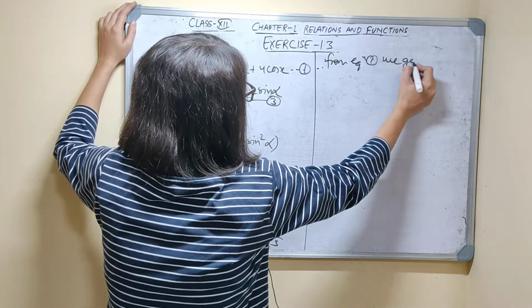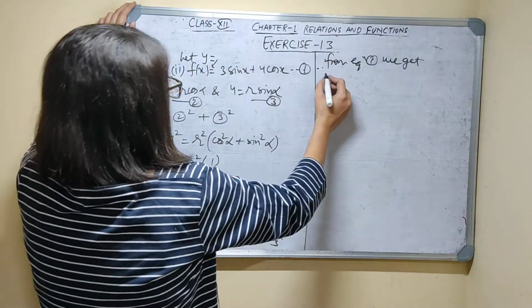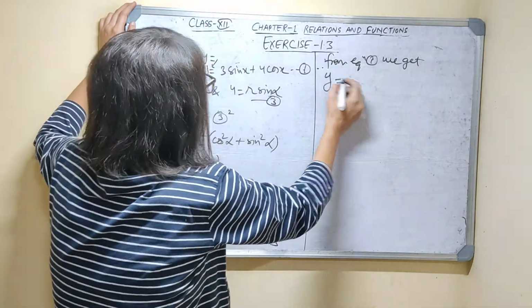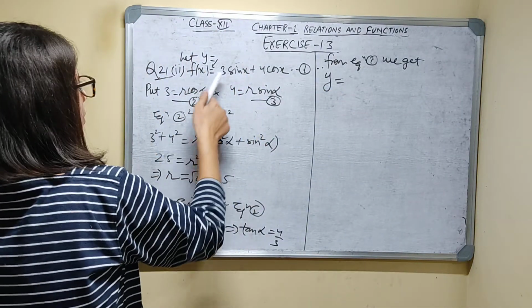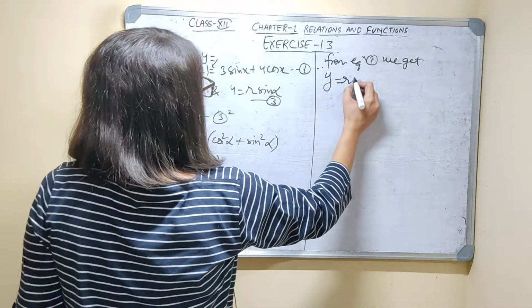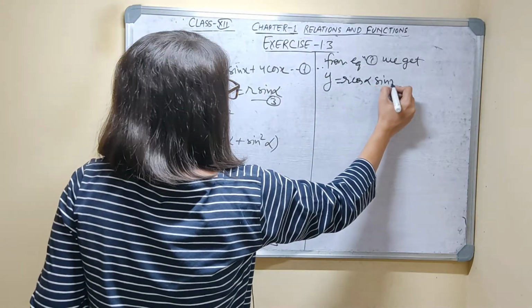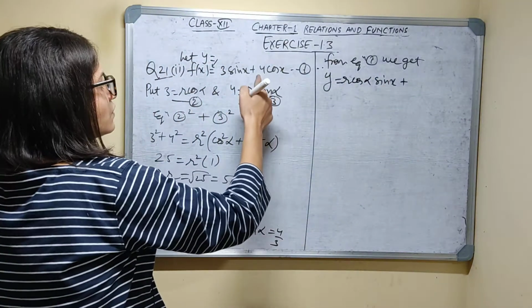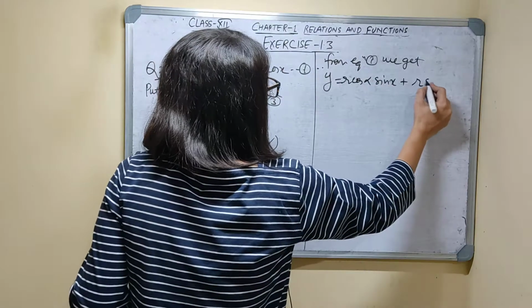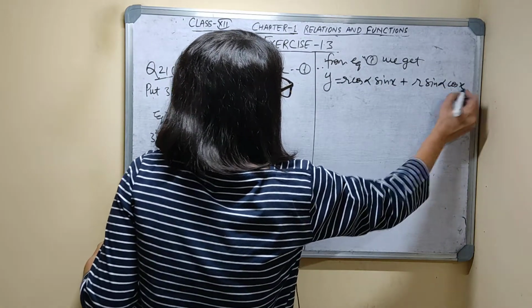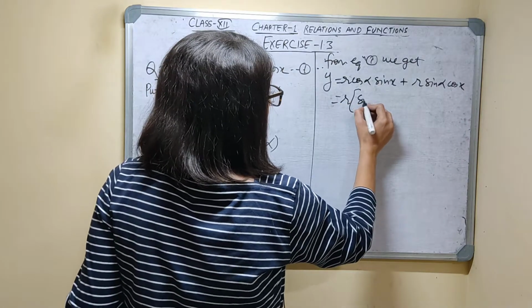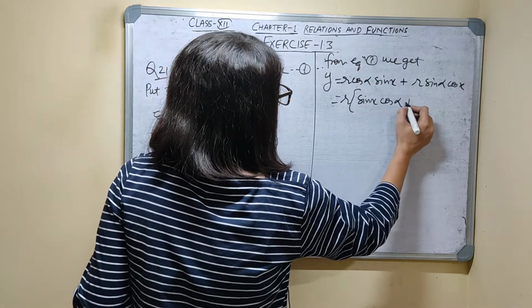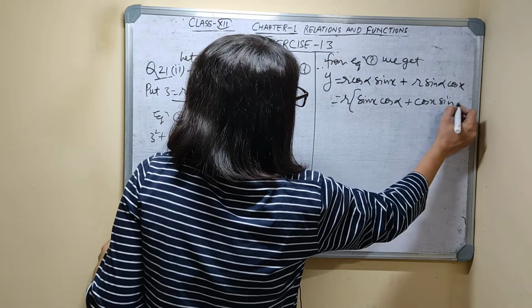So from equation number 1, we get y = f(x). 3 sin x, what will I write? R cos alpha sin x, plus 4 cos x, and 4 is R sin alpha cos x. Or I can say R common: sin x cos alpha plus cos x sin alpha.